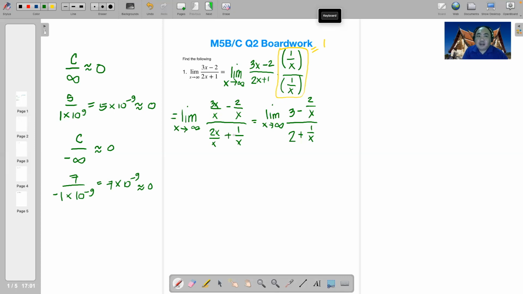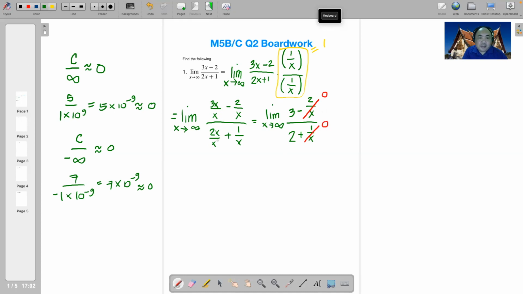Using the preliminary that we have, I hope you still remember, dividing 2 by a very large number gives you practically 0. Dividing 1 by a very large number likewise gives you a number that's practically 0.